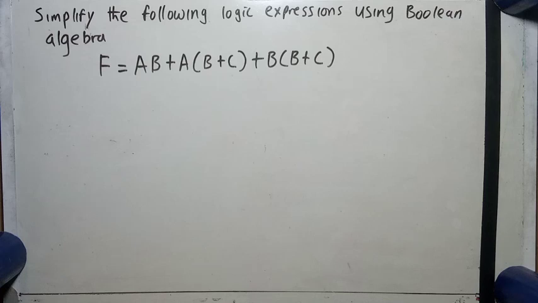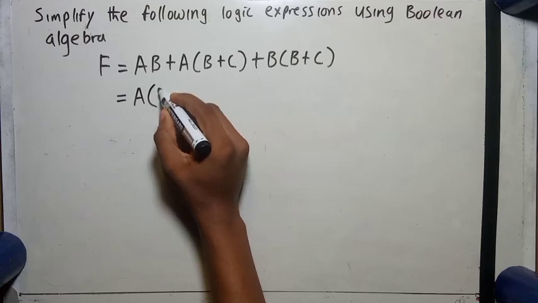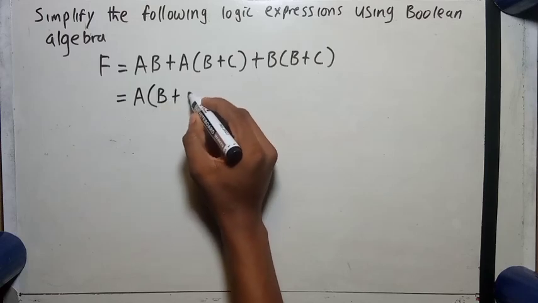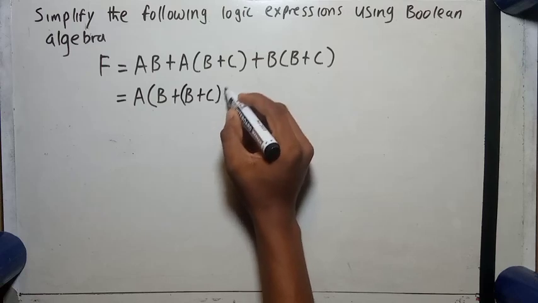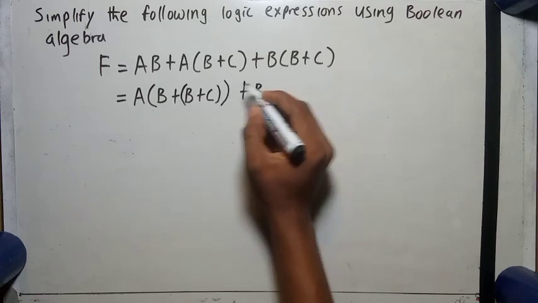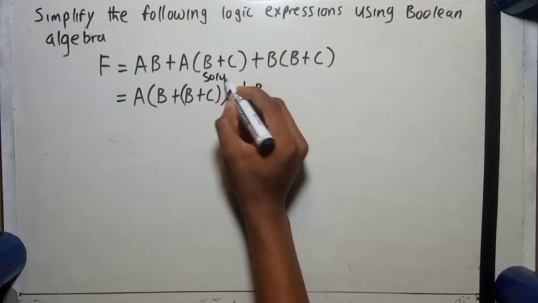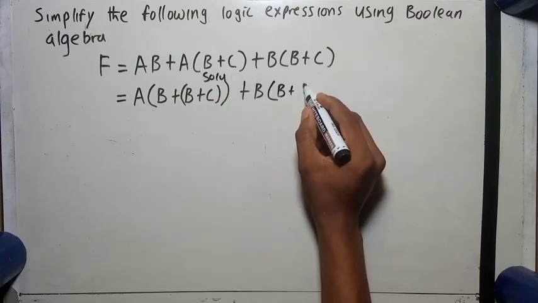The first thing we're going to do is, if you notice there's an a here and an a here, we can also write this as a in brackets b plus b plus c, then plus b, plus c.